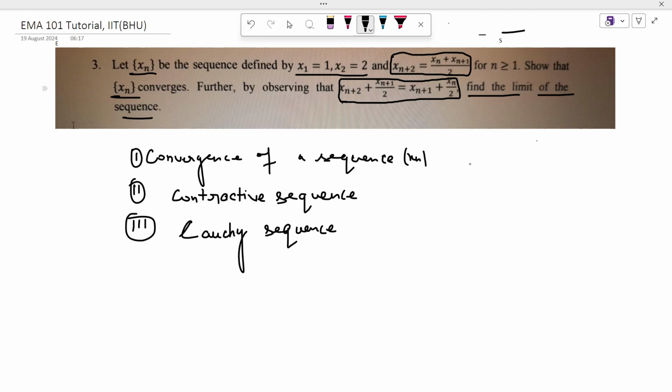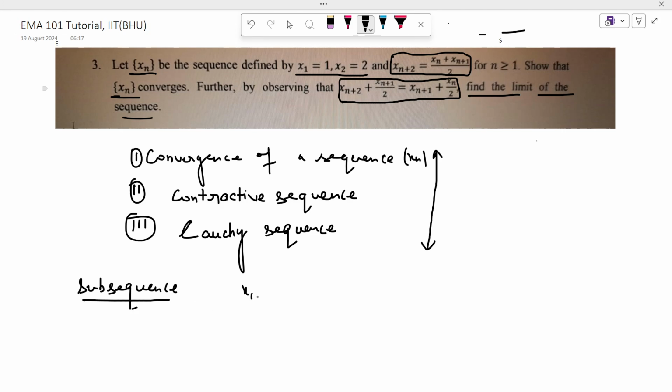So all three concepts will be required to solve these questions. Another one, subsequence. What is a subsequence? This one is also required.